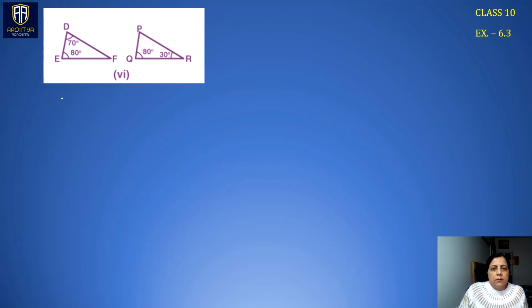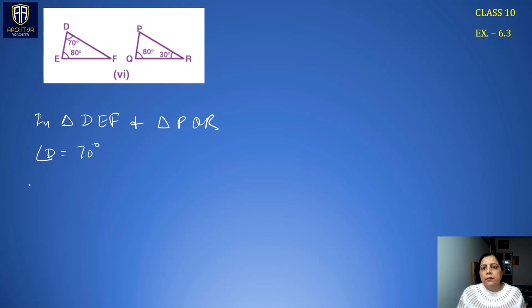Next part is here in triangle DEF and triangle PQR. We are given angle D is equal to 70 degrees, and in this figure, angle C 70 is not equal to any of these angles. What we can do is, angle D is 70, angle E is 80.